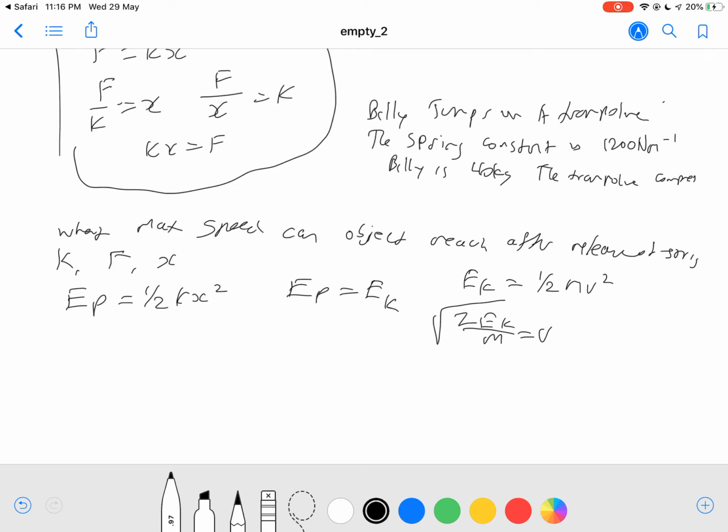They might not tell you the compression distance, so you don't need it. So what is the max speed?